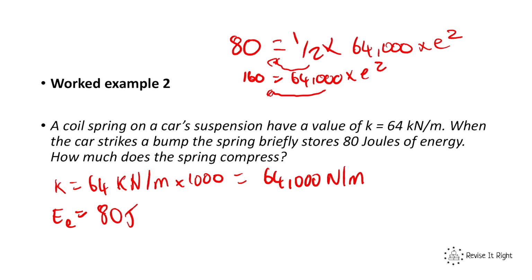So we do 160 divided by 64,000, which gives us 0.0025 is equal to E squared. And then we can square root both sides to get E on its own, which gives E equals 0.05, and the units for it are meters.